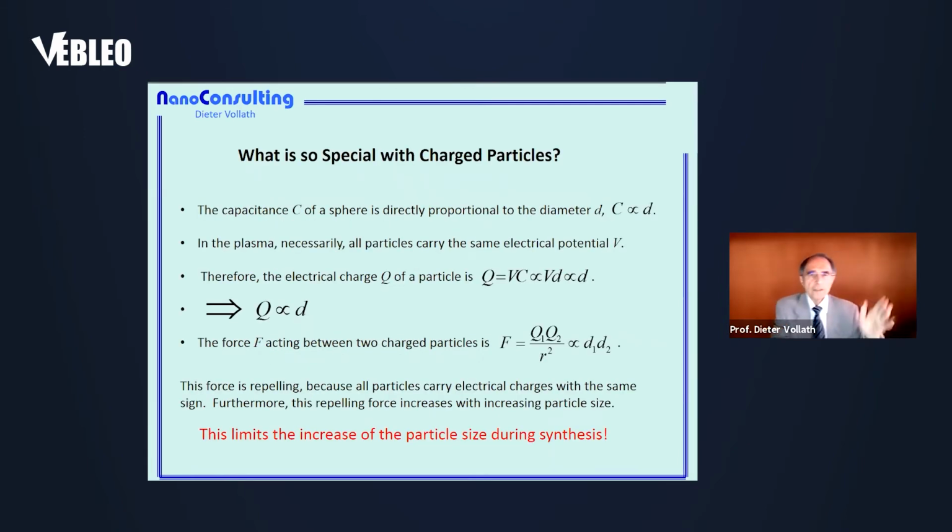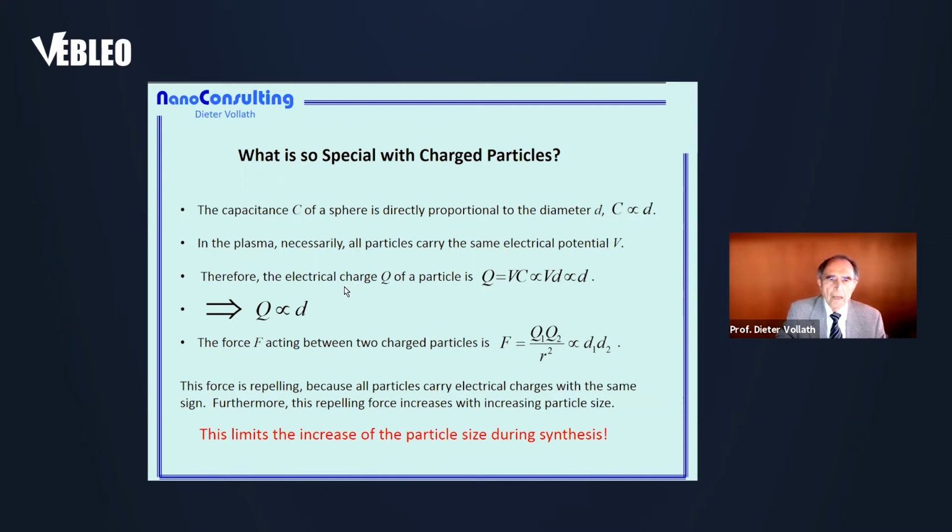Now, what is so special with charged particles? We have to realize the capacitance of a sphere is directly proportional to its diameter, and therefore the capacity is proportional to the diameter. Necessarily, in a closed system, all the particles carry the same electrical potential.